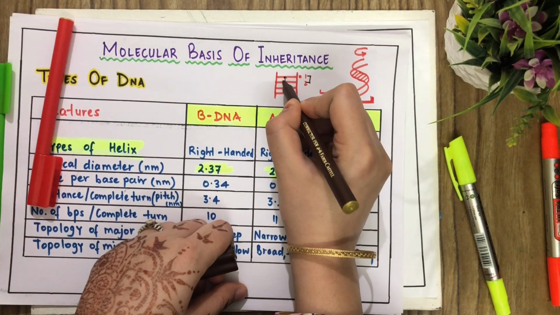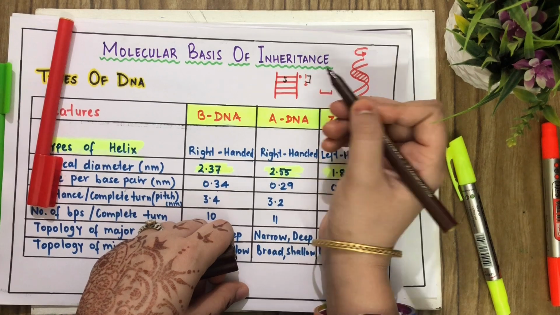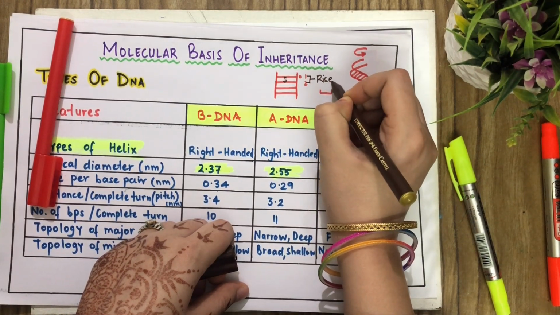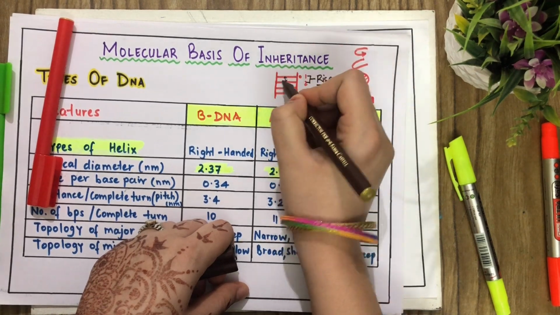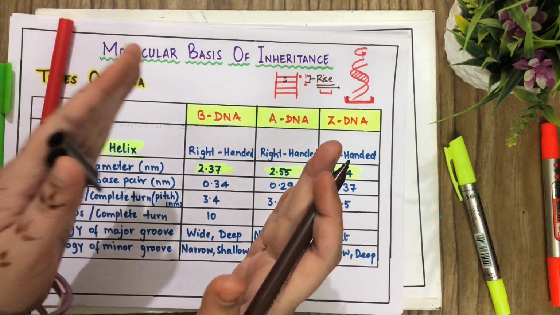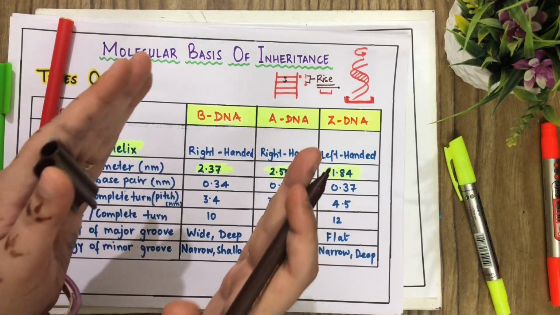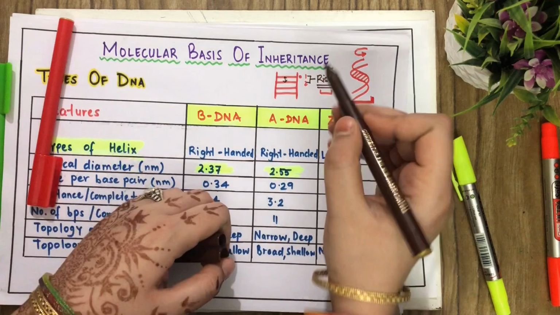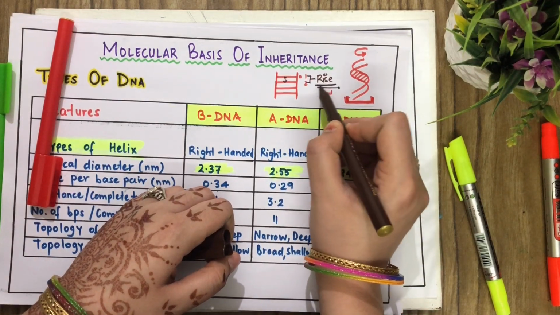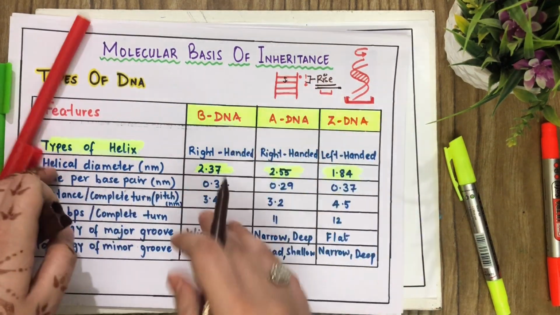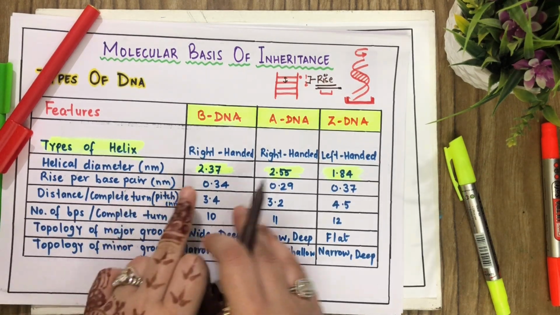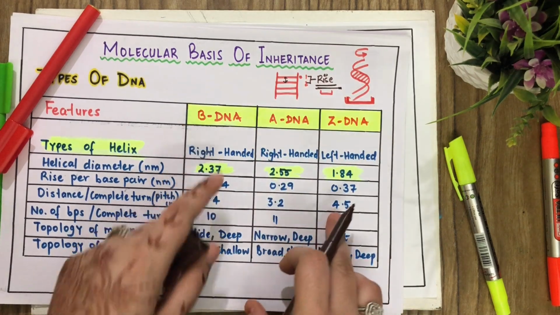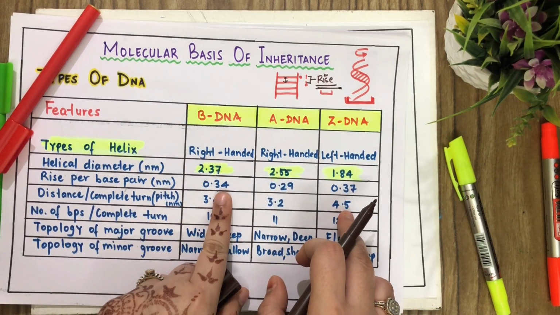This space is called rise. So rise per base pair means the distance between the two base pairs in B DNA will be 0.34.